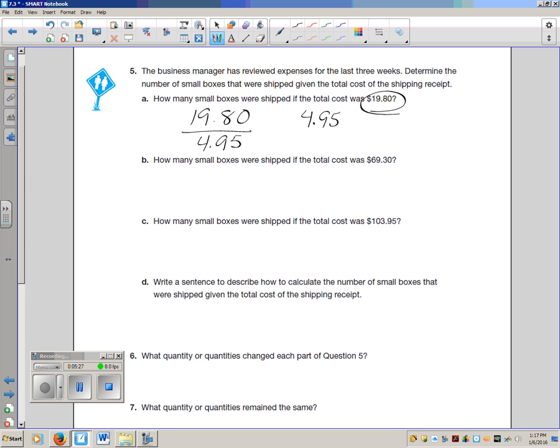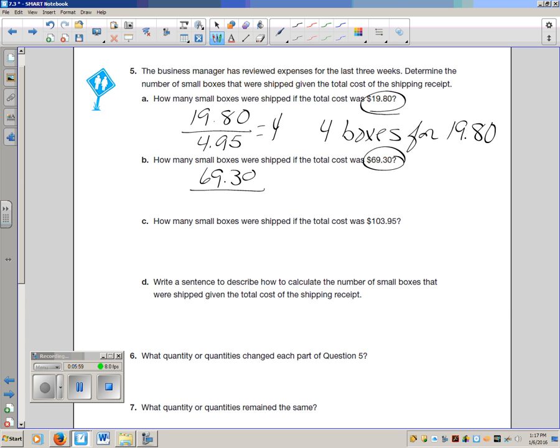So $19.80 divided by $4.95 would equal 4. So 4 boxes for $19.80. Same kind of problem for B. Total cost, $69.30.